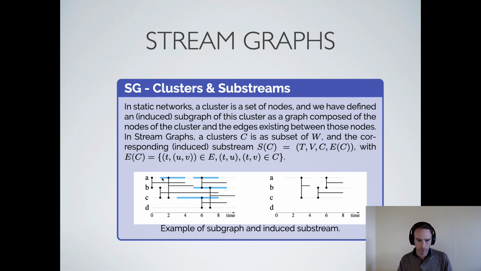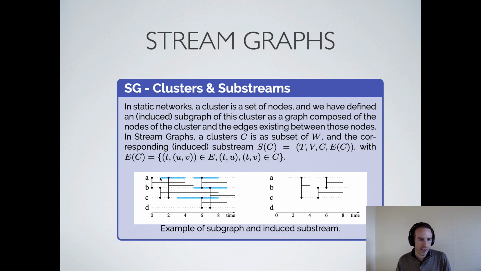So let's take an example. On the left, you have the drawing of a stream graph, and in blue you have what represents a cluster. And you see that this cluster is arbitrary. For instance, the blue line of A starts at 1, while actually A is present from 0 to the end of the stream.